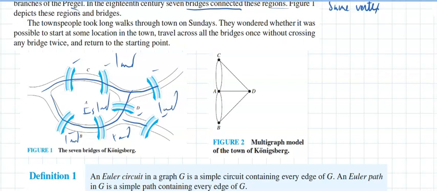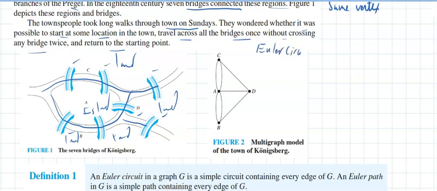The townspeople took long walks through town on Sunday. They wondered whether it was possible to start at the same location in the town, travel across all the bridges exactly once without crossing any bridge twice, and return to the same point.